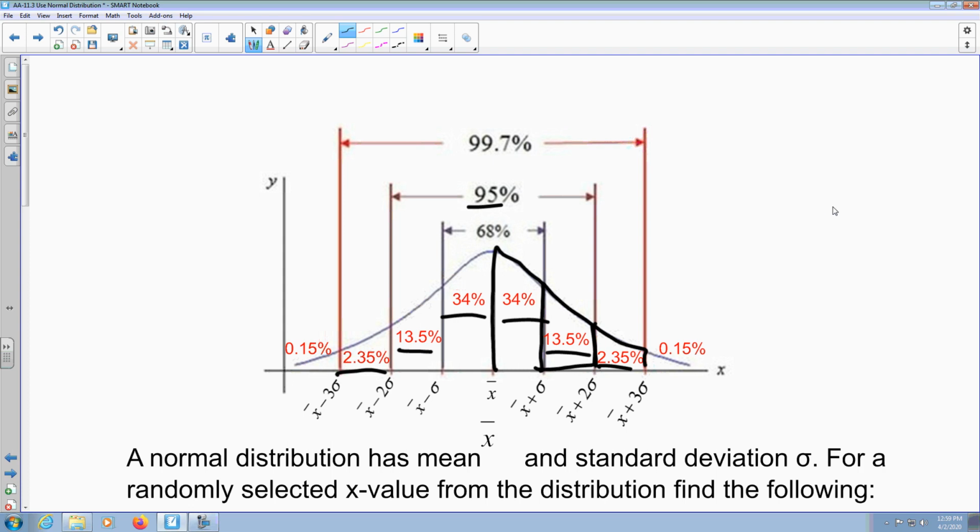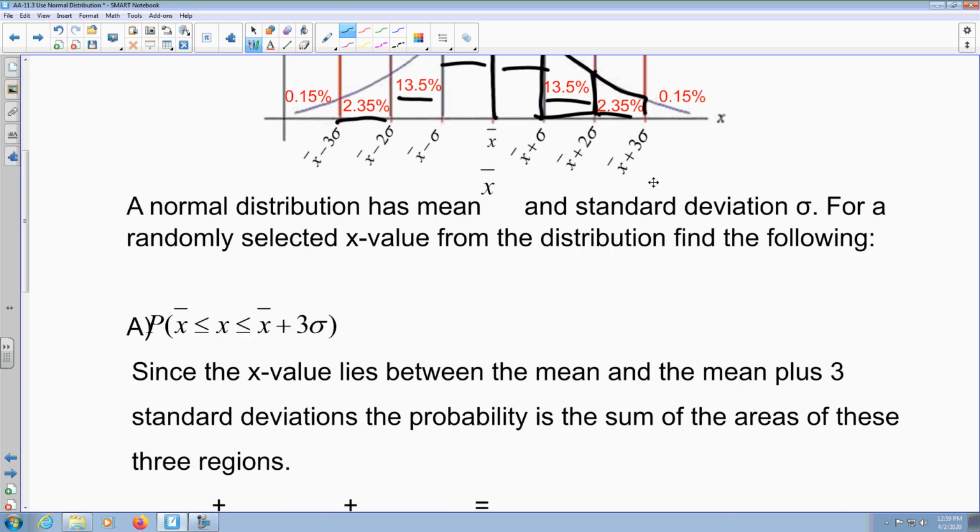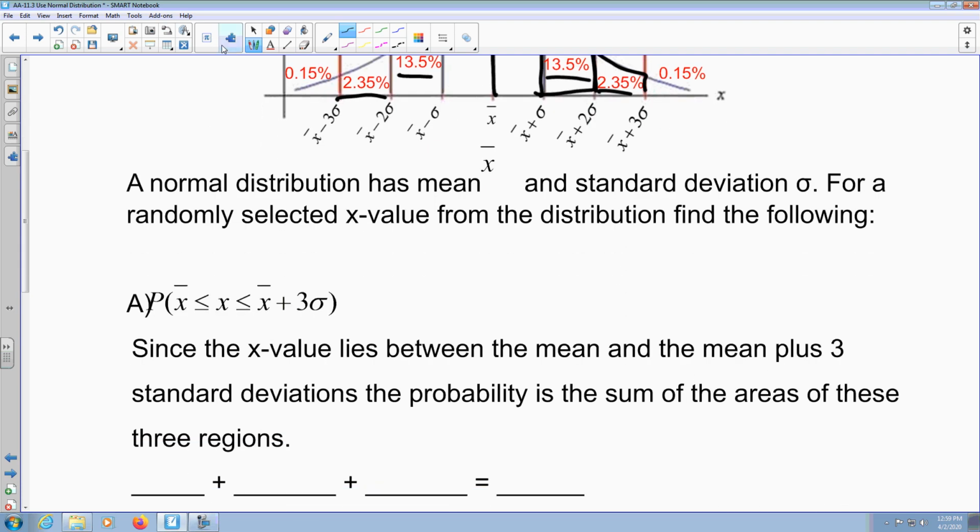So what you're going to have to do is take a look at these different pieces of probability and then determine what is the percentage of it occurring in this particular piece of data.